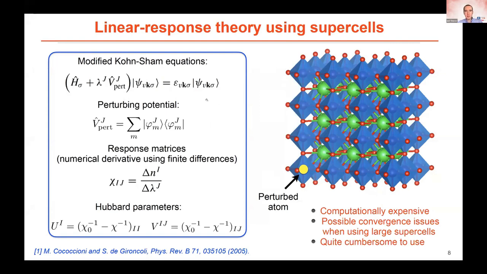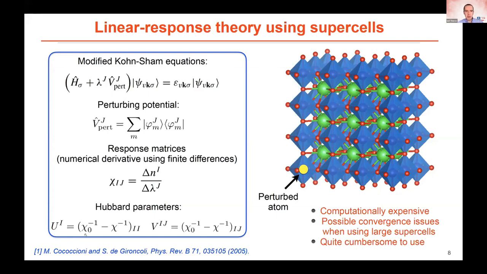And then by doing so, we solve the modified Kohn-Sham equations in a supercell for two values of lambda. And using the finite differences method, we can compute the derivative, the change of the occupations with respect to the perturbation, delta n with respect to delta lambda, and this gives us the self-consistent response matrix chi ij. Then we simply invert this matrix. We obtain chi to the power minus 1.